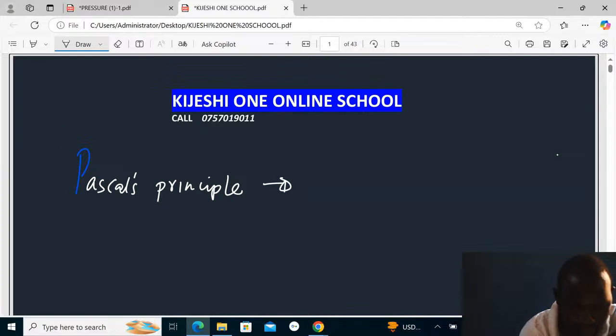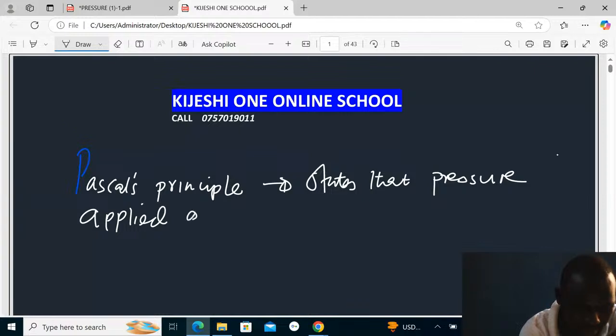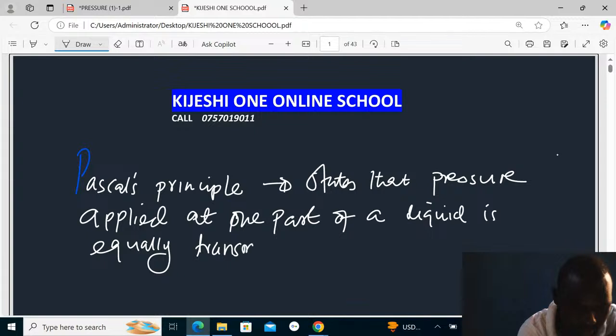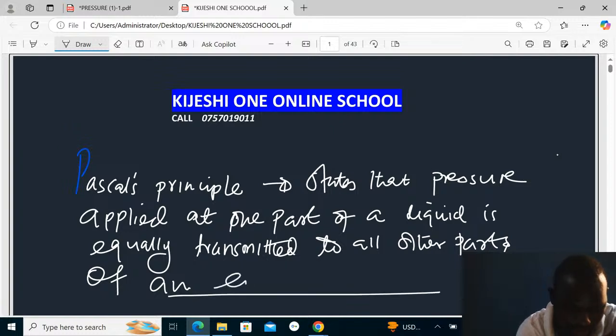we have seen that it states that pressure applied at one part of a liquid is equally transmitted to all other parts of an enclosed liquid.